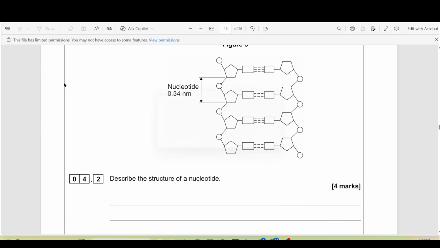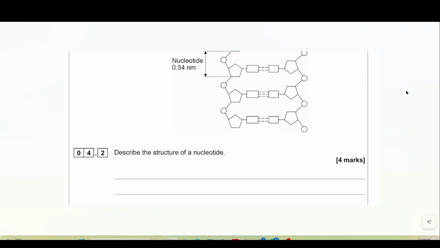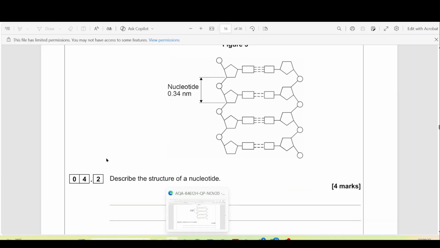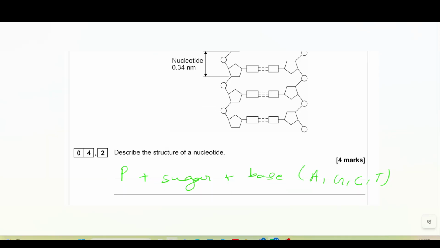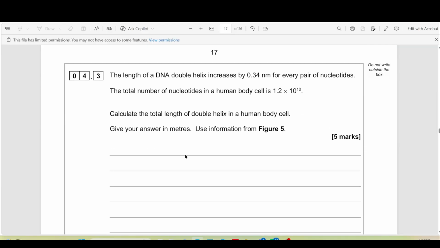The phosphate group is attached to a sugar, and the sugar is attached to a base. The base will be one of four possible bases: A, C, G, T. So these three things, phosphate, sugar, and base, combine and make a nucleotide.